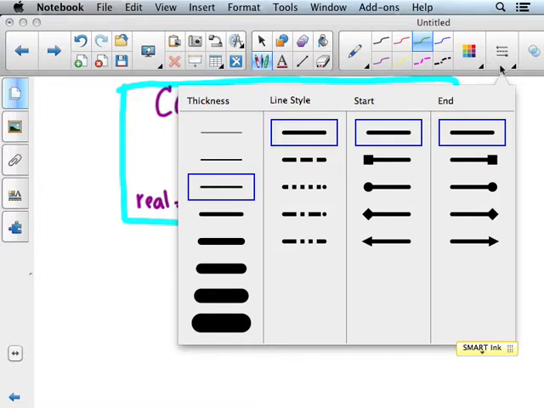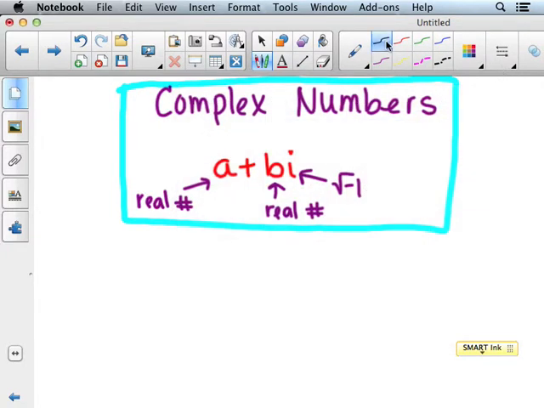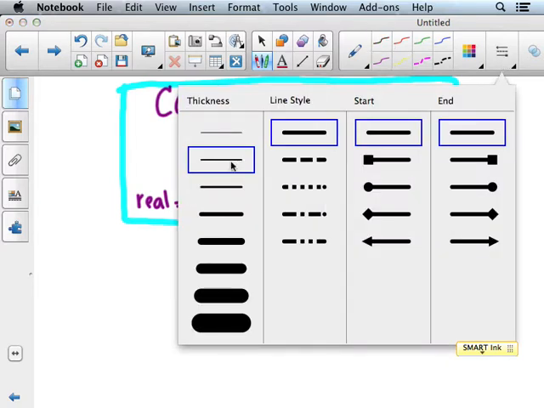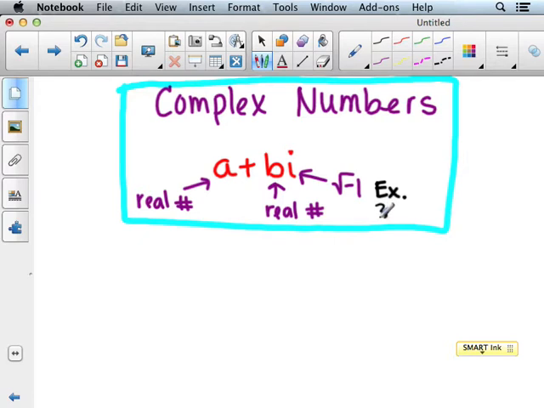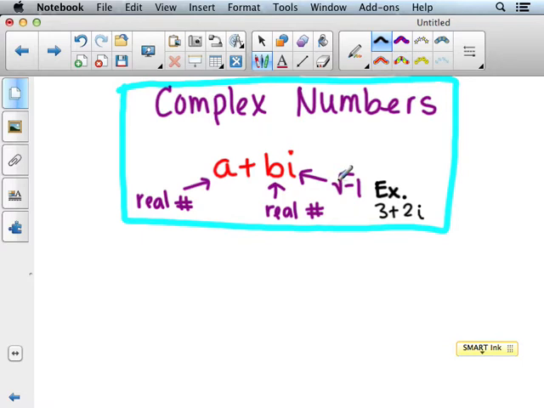And just very quickly, an example I'll put over here would be something easy like 3 plus 2i. Okay, that's a complex number. Now, coming off of the complex numbers, let's do this.